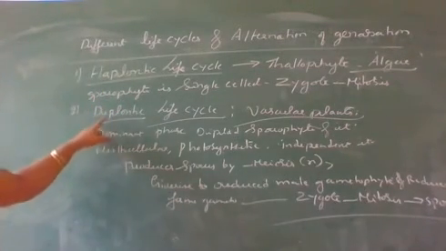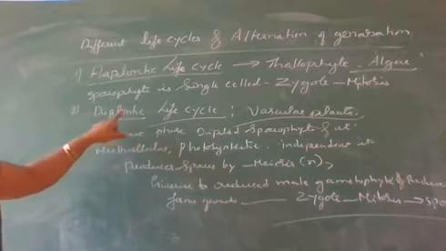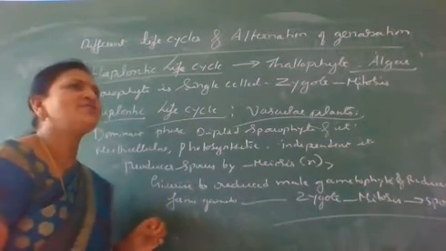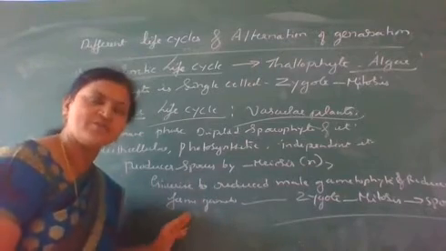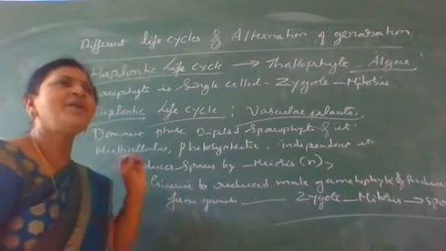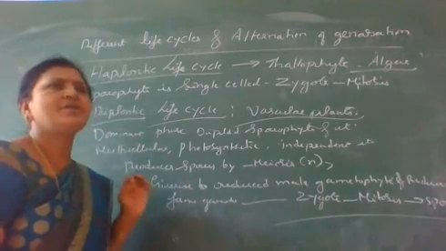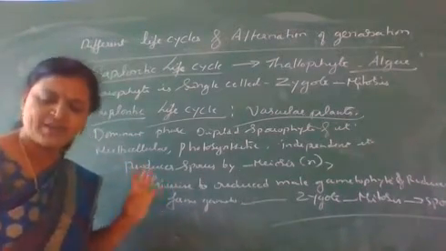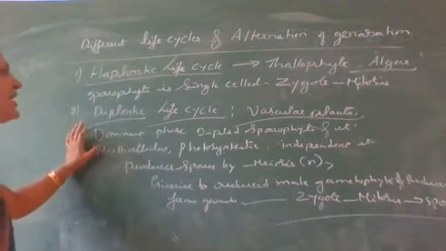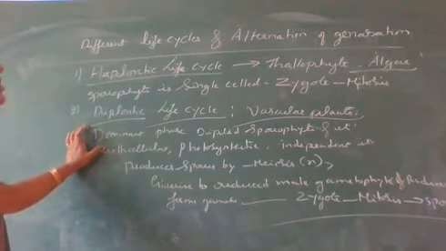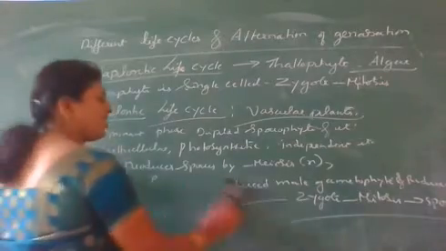Therefore, this kind of life cycle is called diplontic life cycle. Here, the gametophytic generation is highly reduced, very short-lived and non-photosynthetic. Therefore, this kind of life cycle is called diplontic life cycle, generally in higher vascular plants.